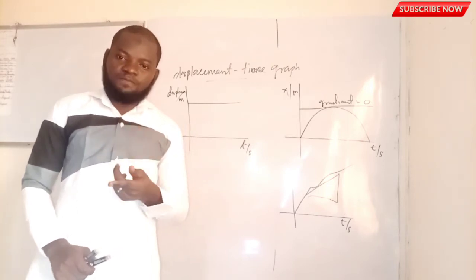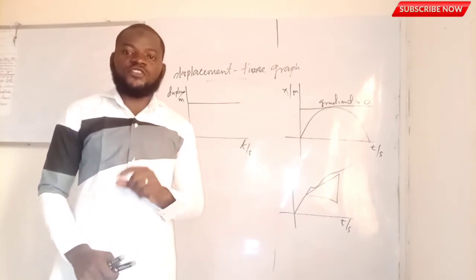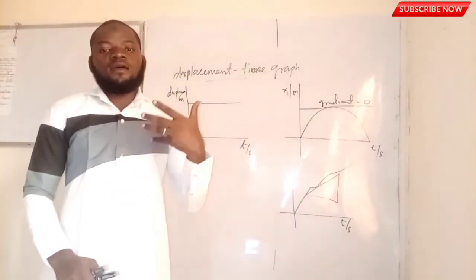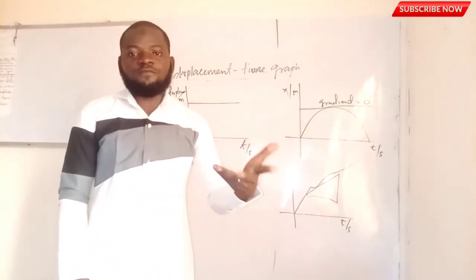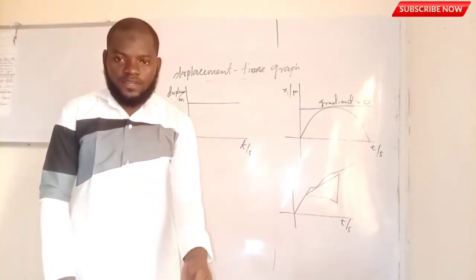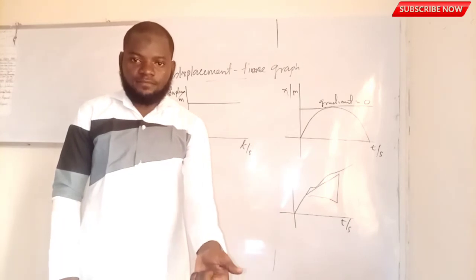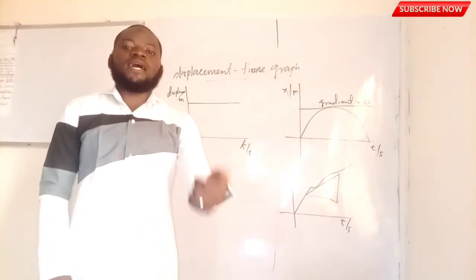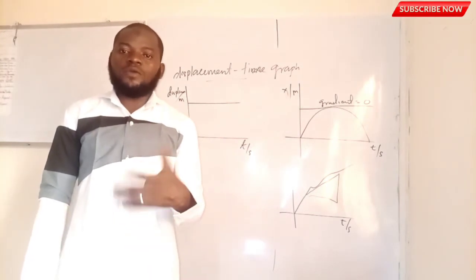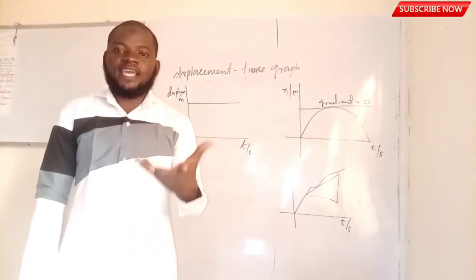And for the displacement time graph, the only thing we are able to deduce is just the velocity. And when you talk about motion of a body, a lot of things are to be considered, like the total distance covered, average speed, acceleration, retardation. How can we get that from the graph? That is the reason why we need to look at the velocity time graph.